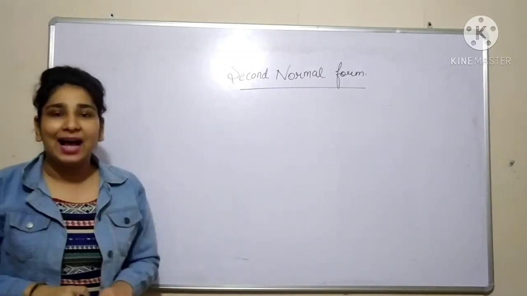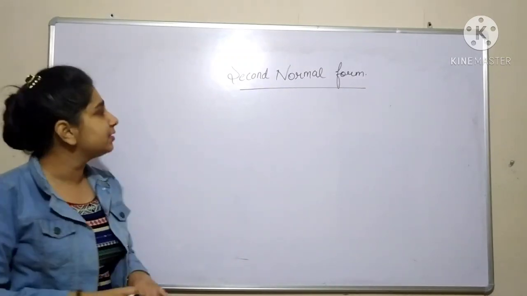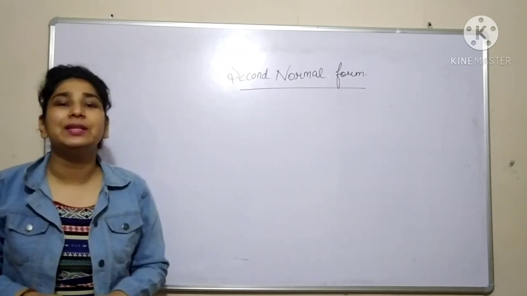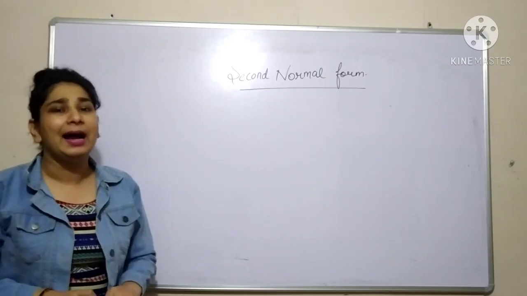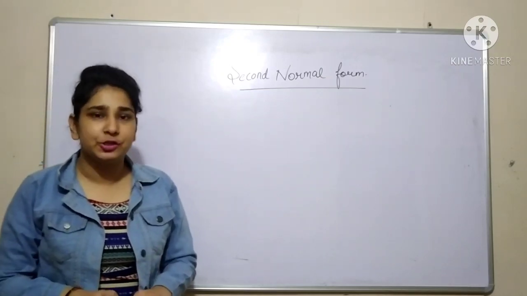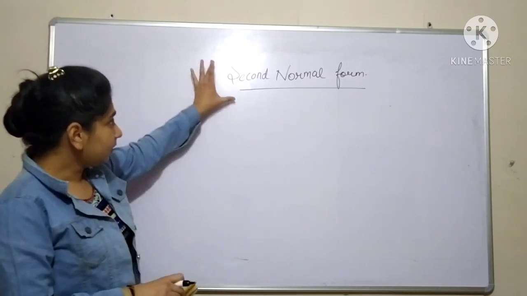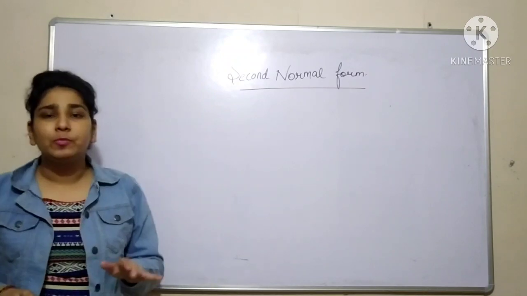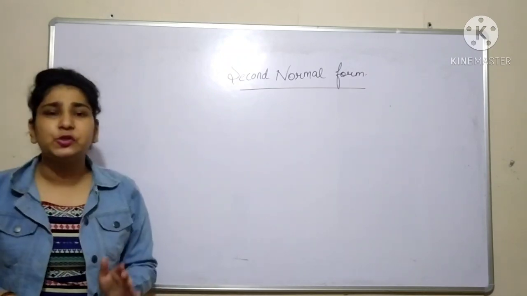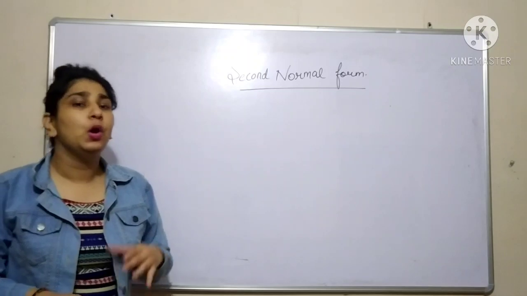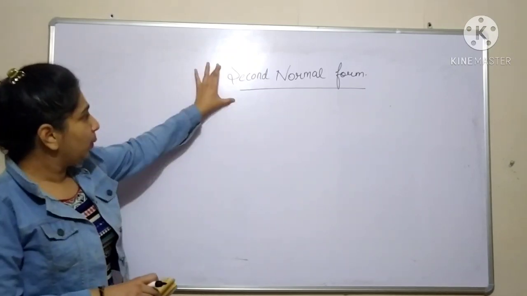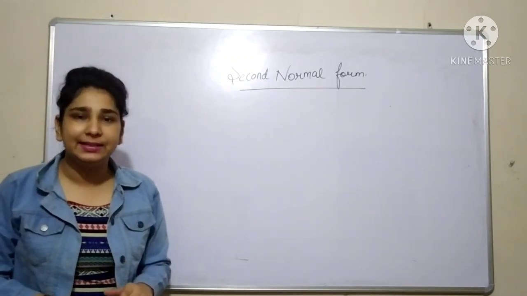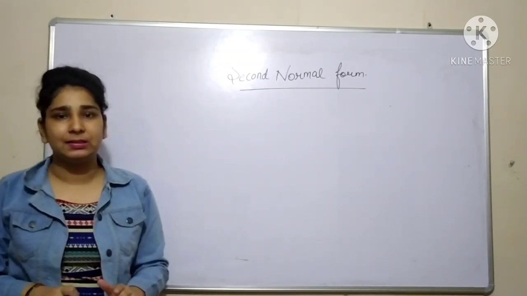In the last video we discussed the first normal form, and we also discussed the basic idea of studying normalization. The entire purpose of studying all these normal forms, either first normal form, second normal form or third normal form, is to remove the redundancy from our tables.